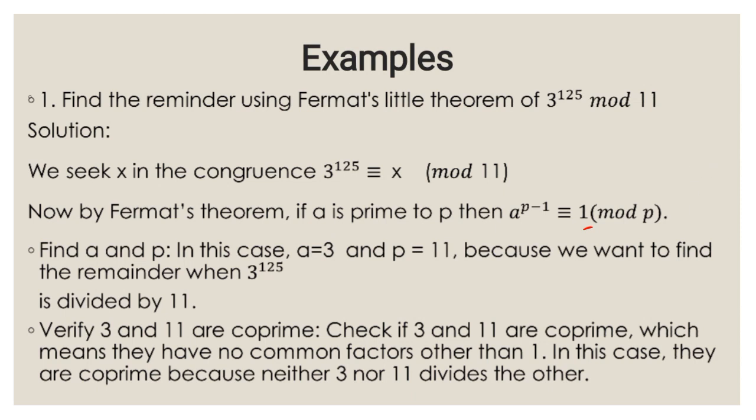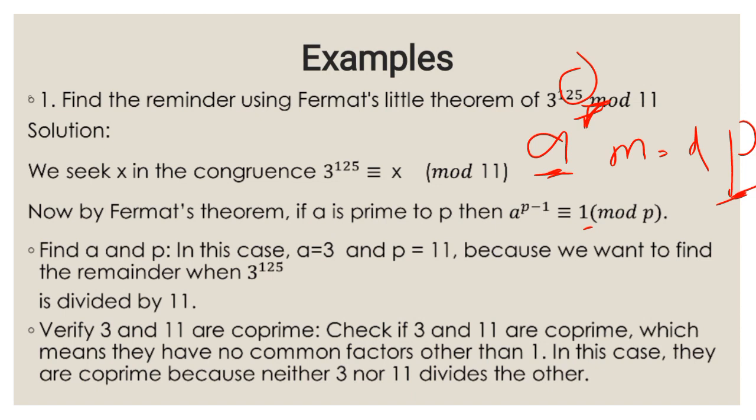Usually you have A raised to the power P modulo P. So based on this, your A is going to be what? This is A raised to the power P, and this is the key one you use. You don't bother about the power here because it is different, so you have to be careful. You only use the base, not the power.